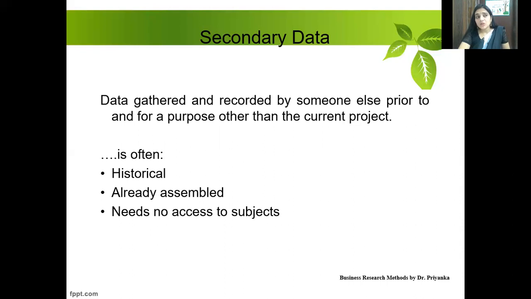For example, you want to check human behavior about something, and the same behavior has been studied by some other researcher. It may be in some other country, some other city, or some other age group. Then you might be interested in studying it, and that is also known as secondary data.